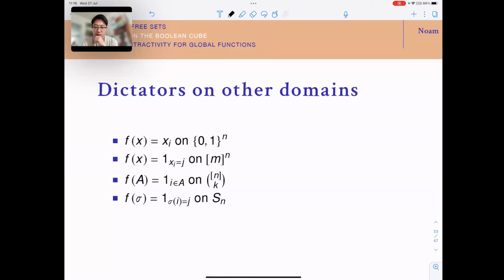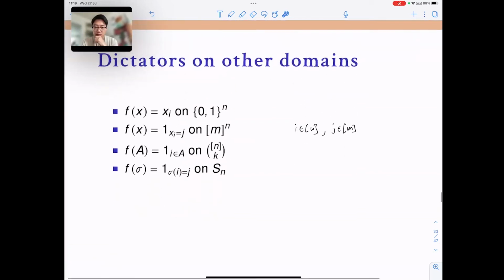In the multi-cube, m to the n, we can choose any i in n and j in m, and take the function 1 of x_i equal to j. It corresponds to the set of all vectors whose i-th coordinate is j. This is the notion of a dictator in the multi-cube.